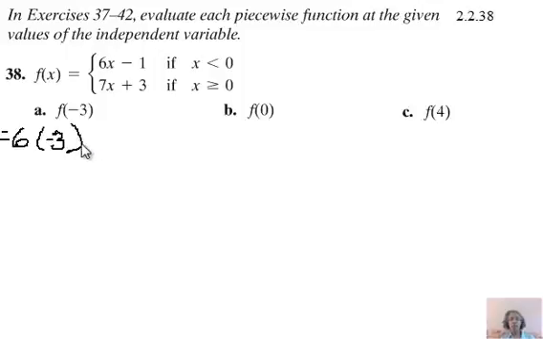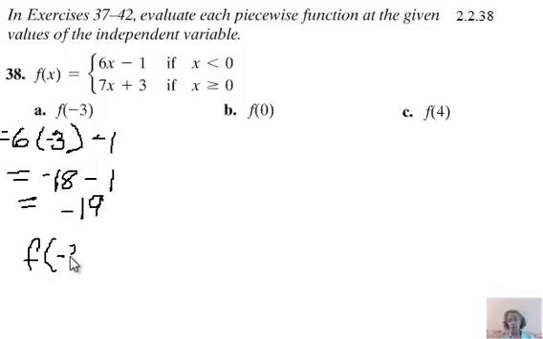So I obtain 6 times negative 3 minus 1, which is negative 18 minus 1, which is negative 19. So f of negative 3 equals negative 19.